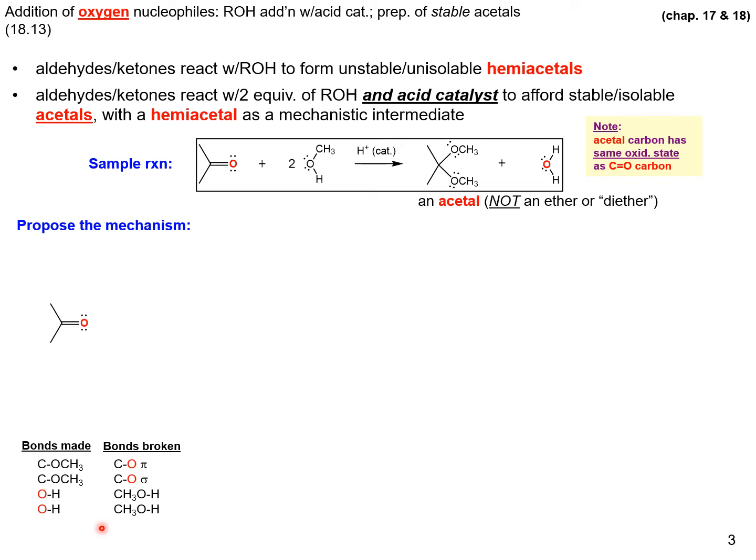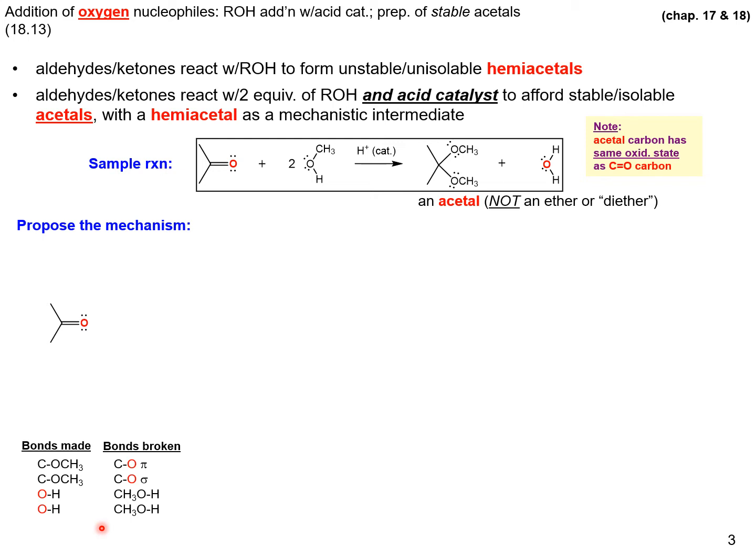What will also help you, besides this list, is if you remember the general mechanisms for the reactions that we're investigating. In this case, it's nucleophilic addition to an aldehyde or ketone with a neutral nucleophile under acidic conditions.